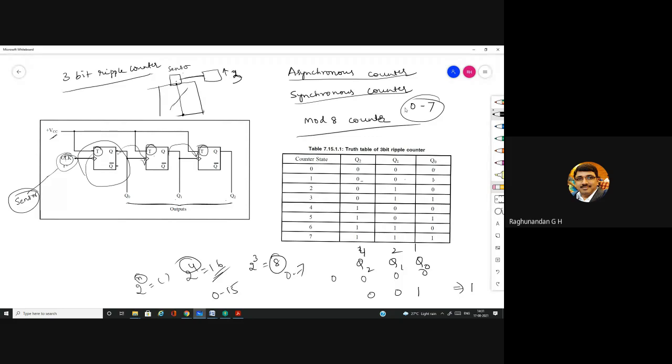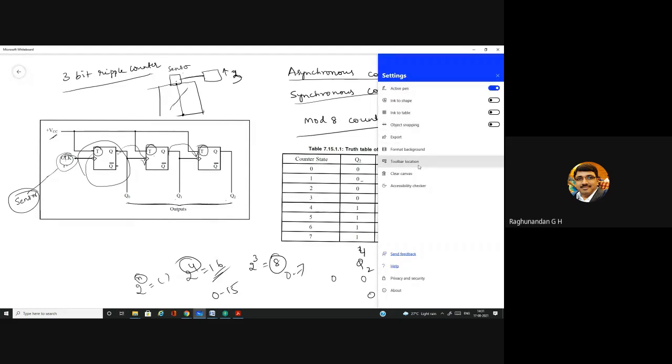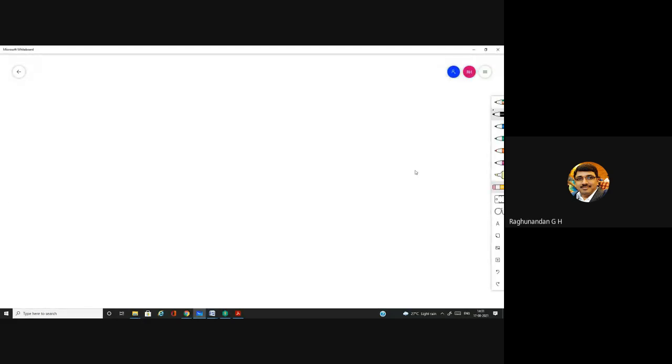The same diagram is there that you can study. After this, there is a small chapter which contains 2 topics. Can anyone tell me whether we have done this communication system anytime?